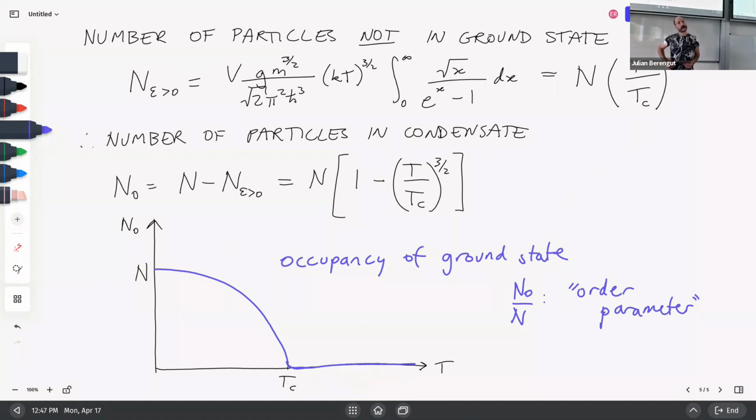It's not necessarily 0. Above here, there might be particles in the ground state. The number of particles in the ground state will be given by the usual formula. The density of states is small, so there'll be particles in there, but I don't care about them because I've got a lot of particles.